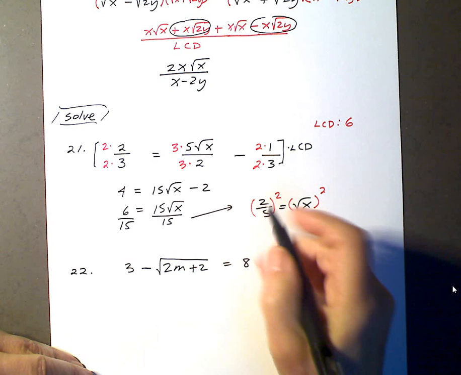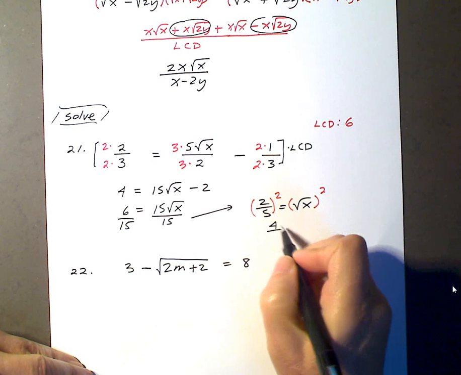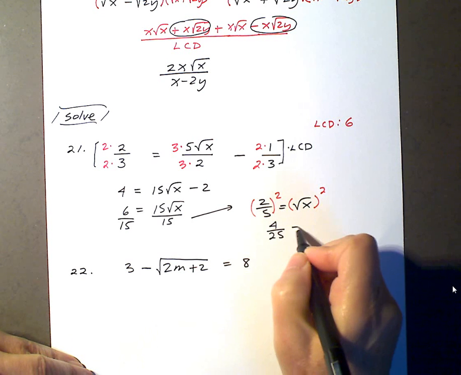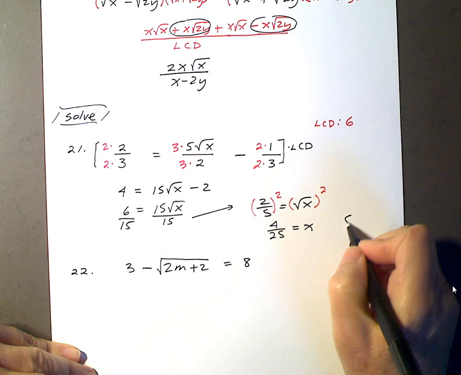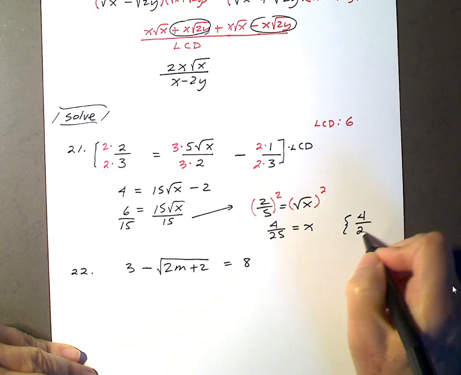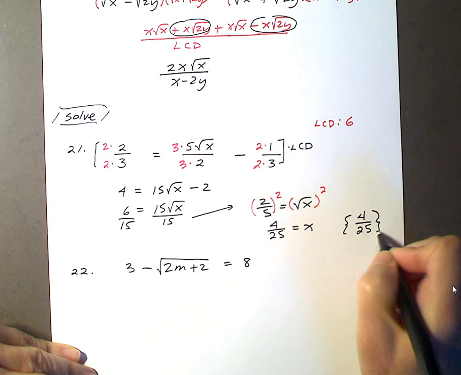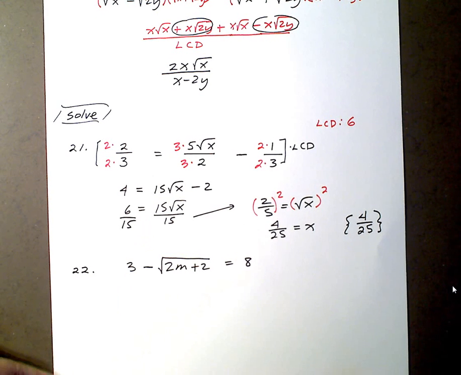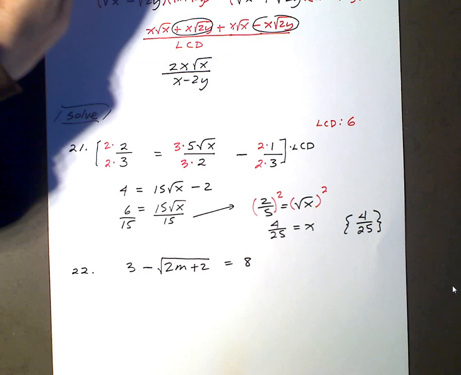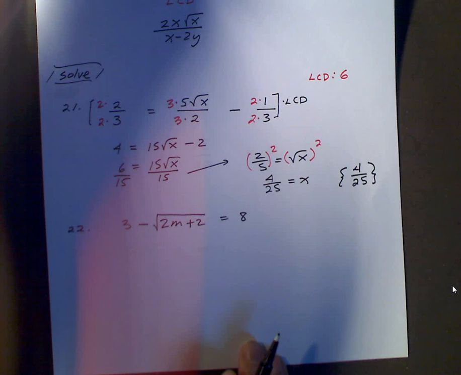And I get 4 25ths is x. So that solution set is 4 25ths, and I will leave the check to you, but it does work. It's pretty simple arithmetic on that. But you would need to make sure it made the original equation true.